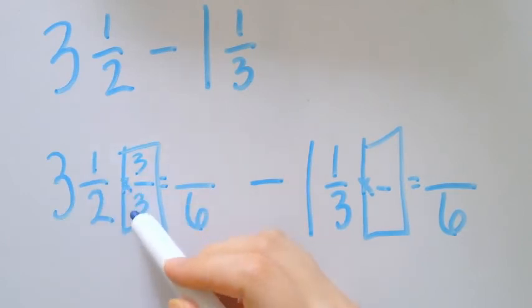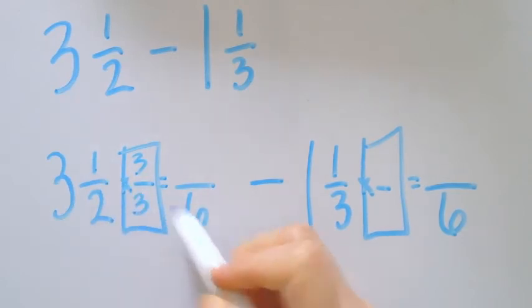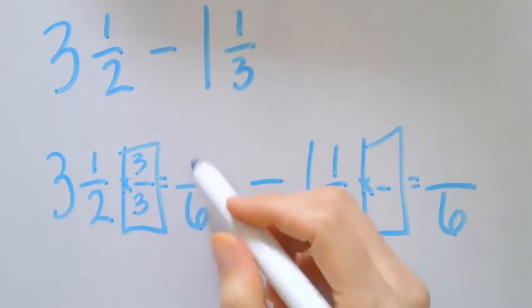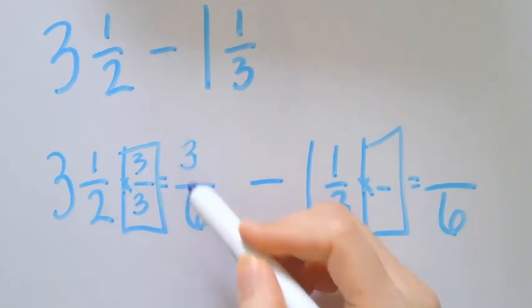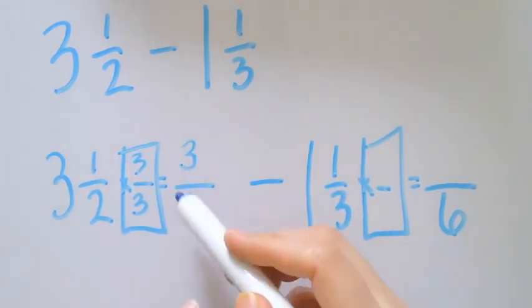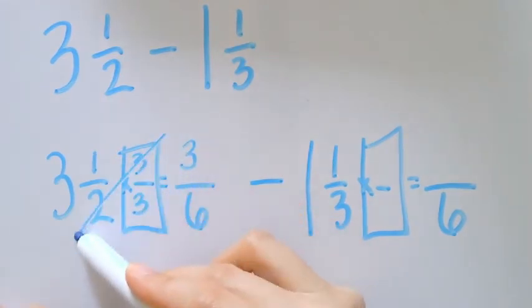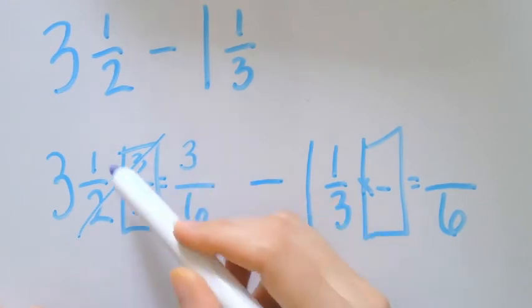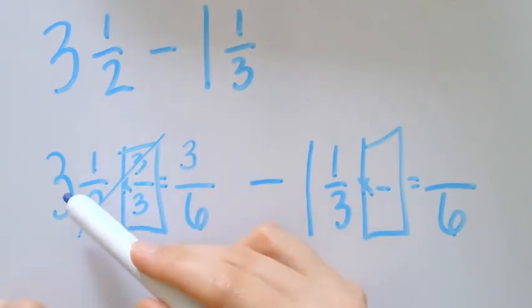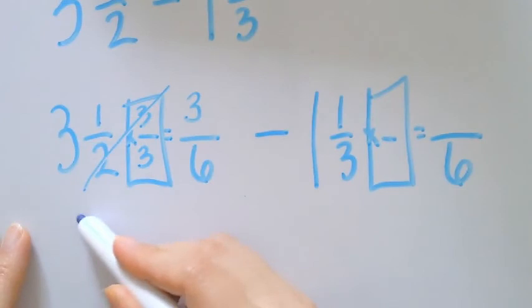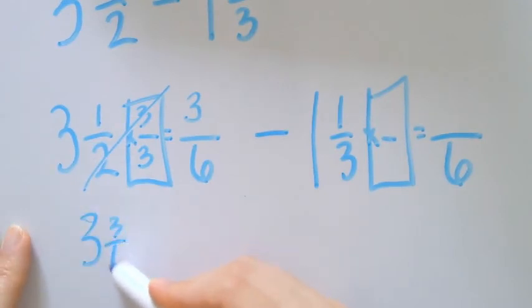So 2 times 3 is 6? Yes. 1 times 3 is 3. All right, so now that I have 3/6, I'm going to just cross this section off because 3/6 is going to replace 1/2. So this now becomes 3 3/6.